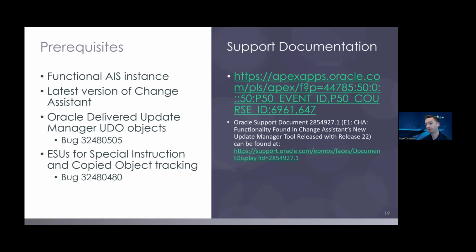Support documentation. Oracle always suggests this, and I've started suggesting it too. The Learn JDE, which you can get to from this Apex apps link, has a lot of content. I don't really like this link, but it is what it is. I'll show you an example of what you see on that. And then there is a support doc out there. This is accurate.